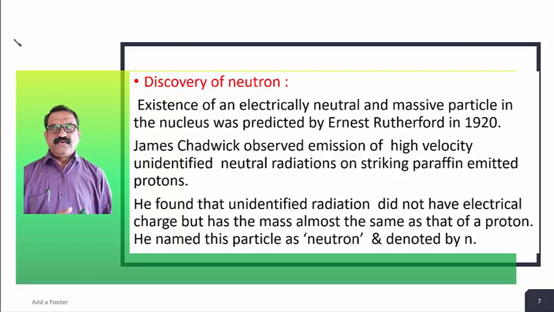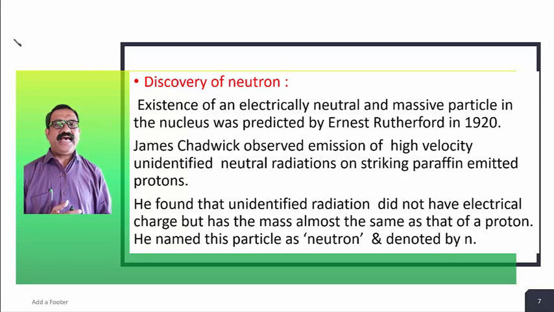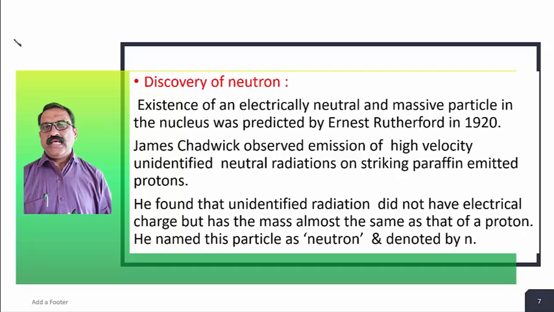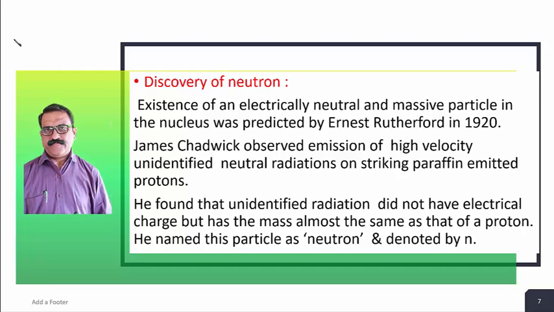This unidentified radiation did not have electrical charge but had mass almost the same as that of the proton. He named this particle the neutron, denoted by small n.